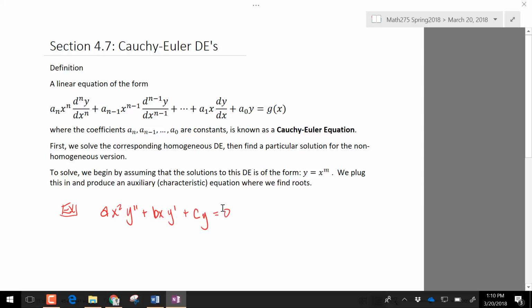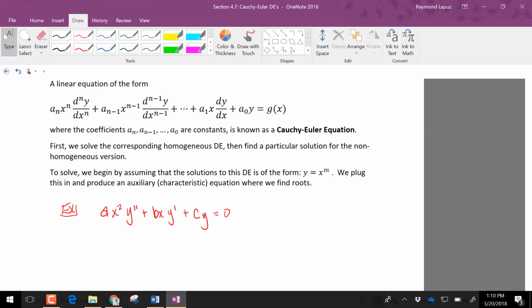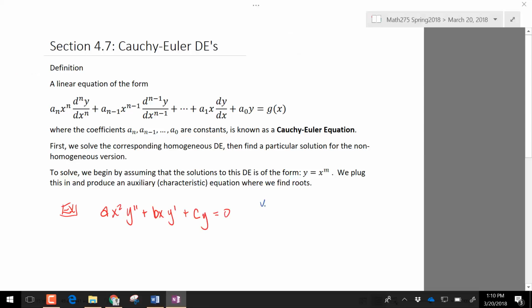If this is our setup, remember we're going to assume your solutions are going to be of the form x to the m power, where x now is a variable.